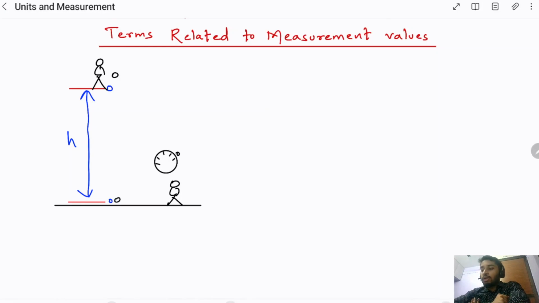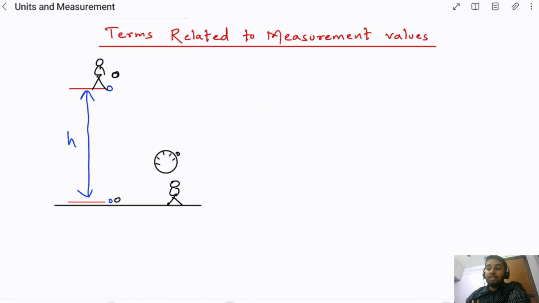Now I'm pretty sure you all can understand that I cannot get the exact time in just one experiment, or in just one go, because there are many ways in which error can happen. It may happen that the person has dropped the object, but I started the stopwatch 1-2 seconds late, because human error is always a possibility.